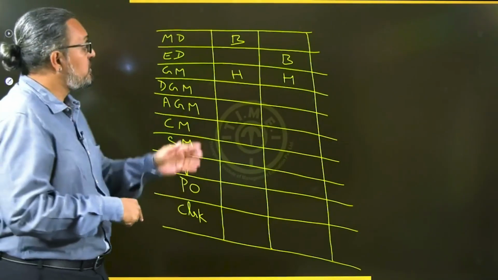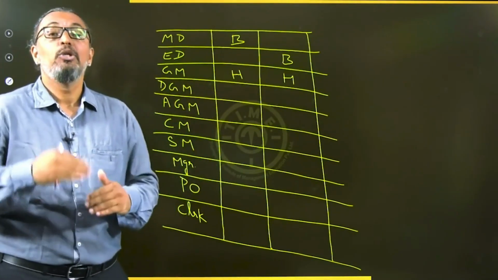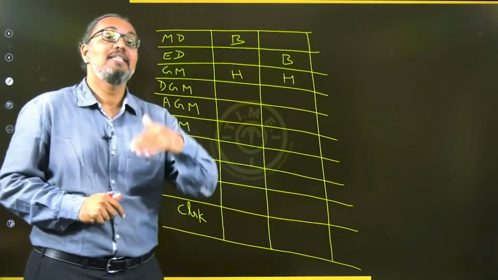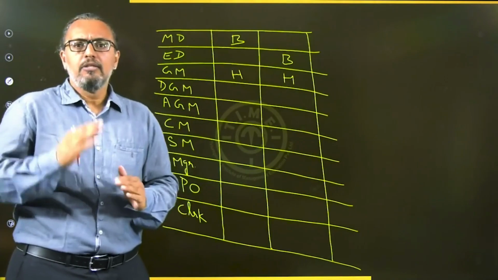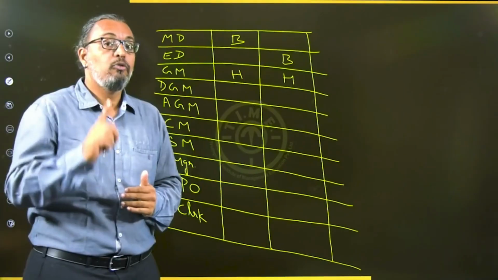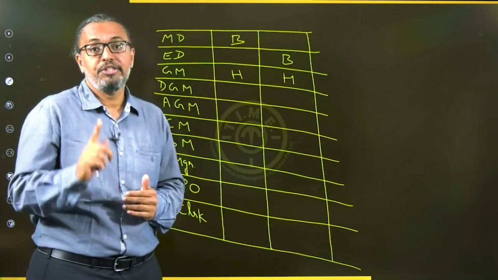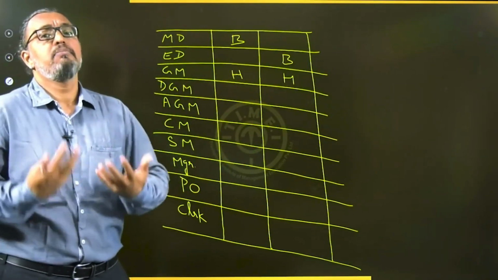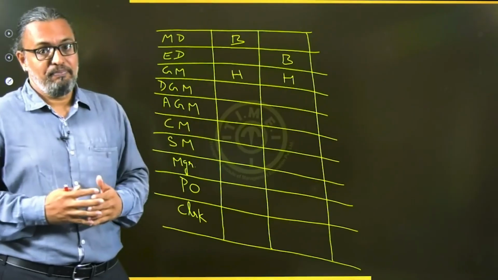Why? Because when he says junior, you can easily identify it as below. And when he says senior, you can easily identify it as above. So, interpretation becomes easier. Understanding the point? So, always learn to interpret the information in such a way that the further conditions become easy for fixing.